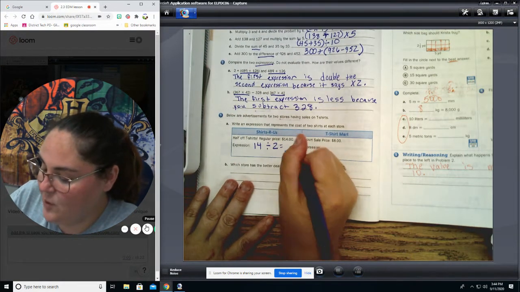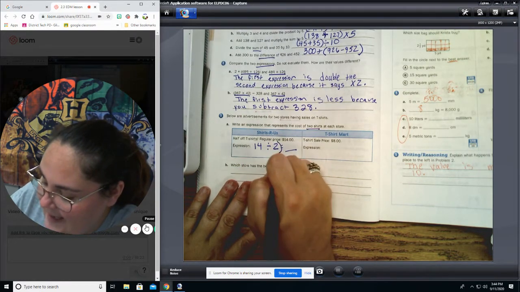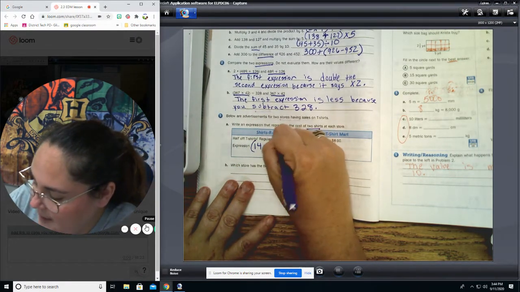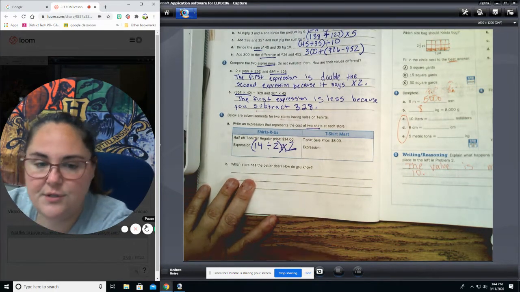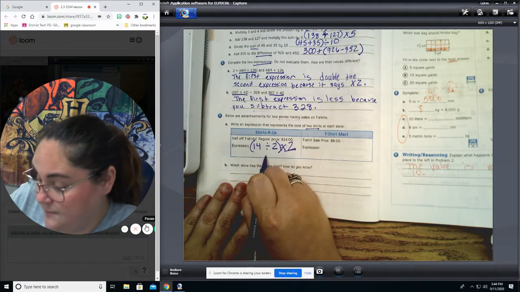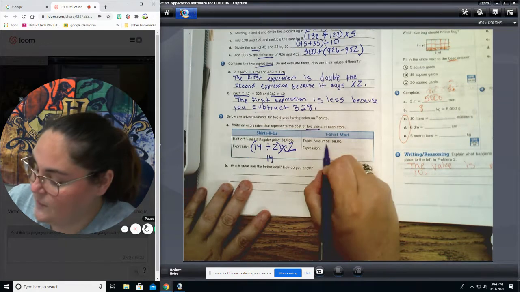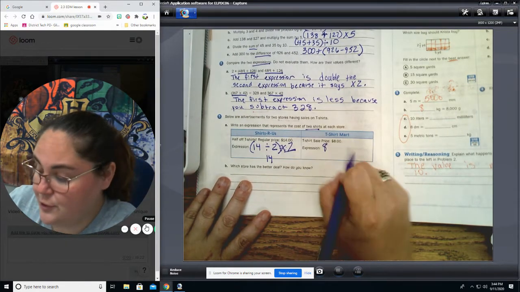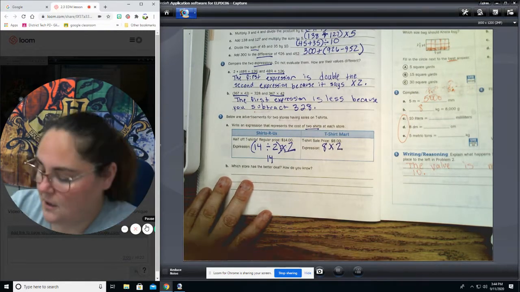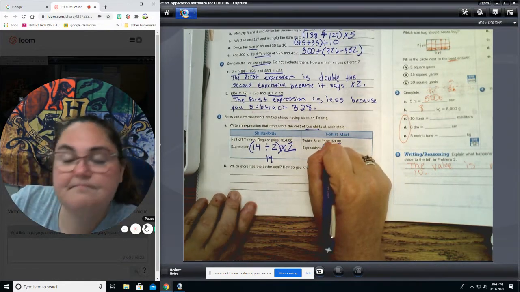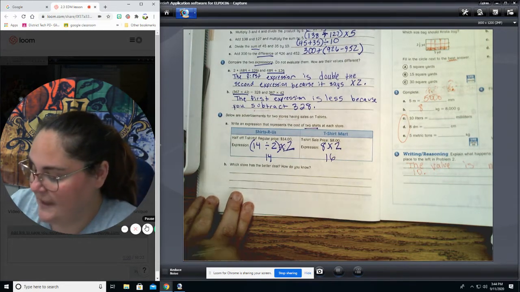Then, because it says I'm buying 2 shirts, I'm going to take that times 2 because I'm buying 2. So 14 divided by 2 times 2 is going to be 14. This one is going to be 8, 2 shirts, so times 2. What is 8 times 2? 16.